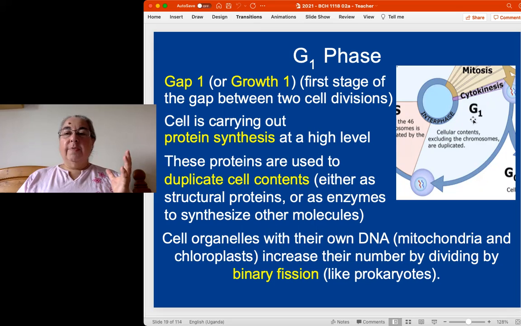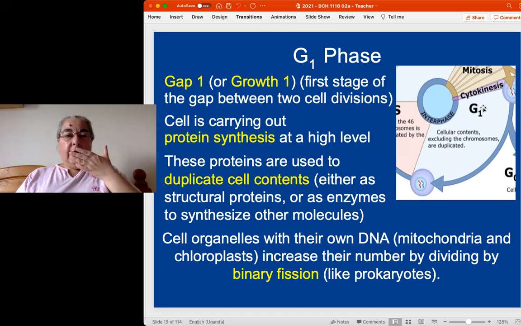So this phase was originally called gap phase, but I think it's a better way to think of the G standing for growth phase, because what's actually happening, we now know, is that the cell is carrying out protein synthesis at a very high level.